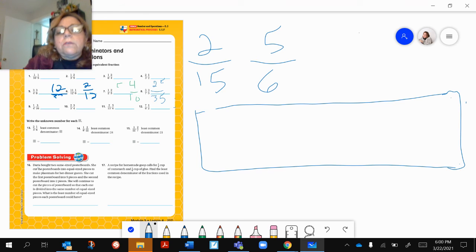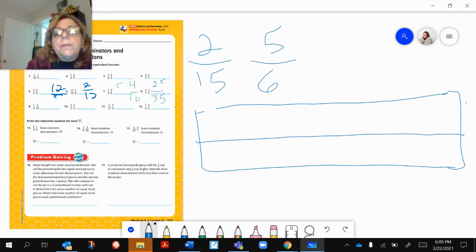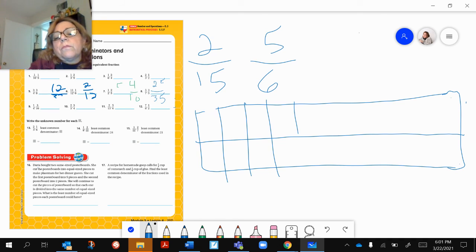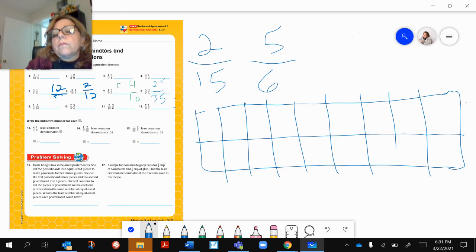Okay, so I'm going to go ahead and make my rectangle. Draw my 2 rows, number them. So it's 1, 2, 3.